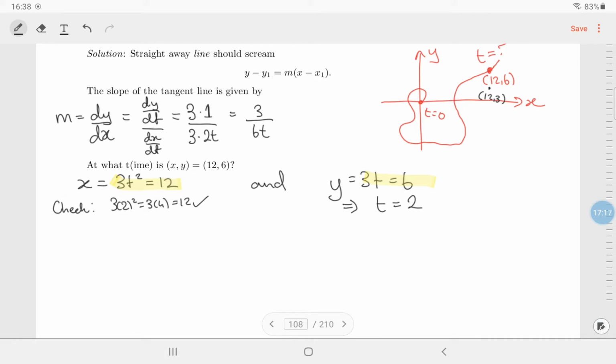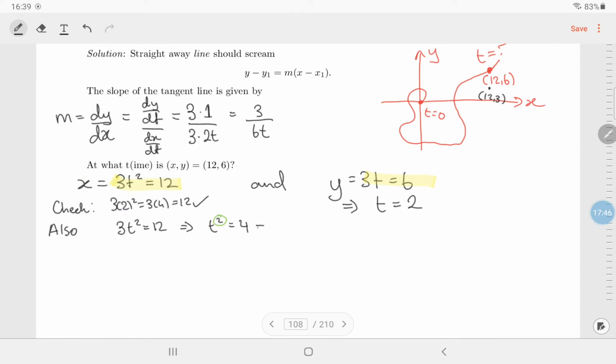Just for argument's sake, suppose you didn't recognize that the y equation was easier to solve and you solved the other one. So 3t squared is equal to 12. Divide both sides by 3, so you get t squared is equal to 4. Now it's very important when you're solving an equation with a square that there are actually two solutions.